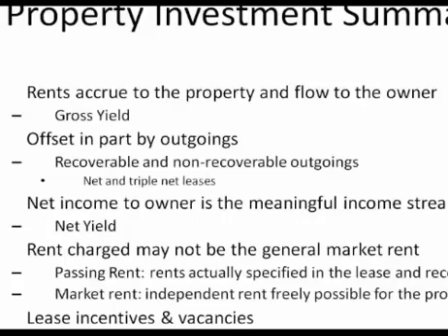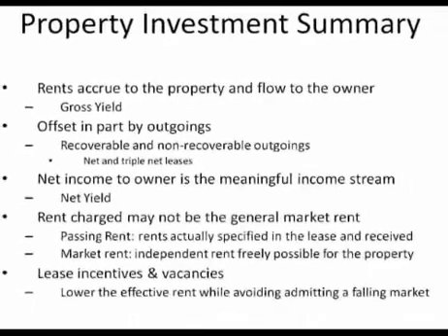The non-recoverable outgoings are the costs that the owner pays in order to maintain the property or keep the investment chugging along, and they then come off the gross yield to produce the net revenue, and the ratio between the net revenue from the property and the property value gives us the net yield, and that's really the more meaningful income stream.